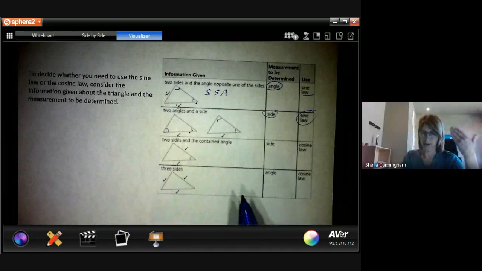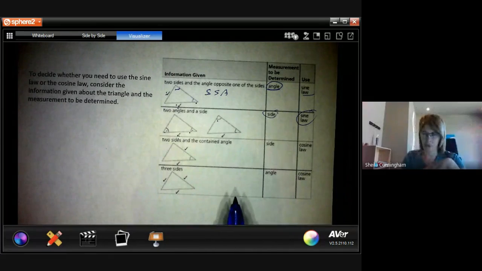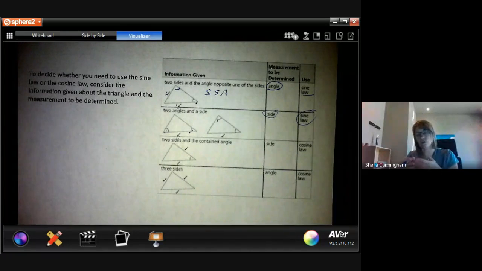And so you know it's going to work if when you put the information in, whatever you've been given, you only have one missing variable or one missing piece that you have to find, then you're good. The problem is if you use one of those laws and you have multiple pieces missing, then you can't use that, right? So you'll know you get the right one when you have everything filled in except for one variable.